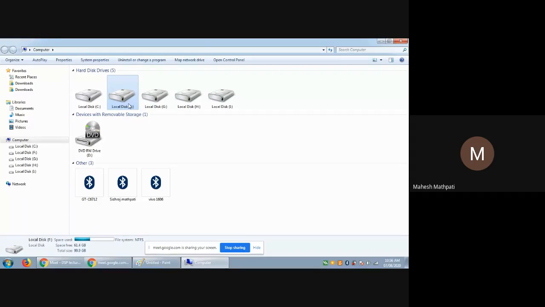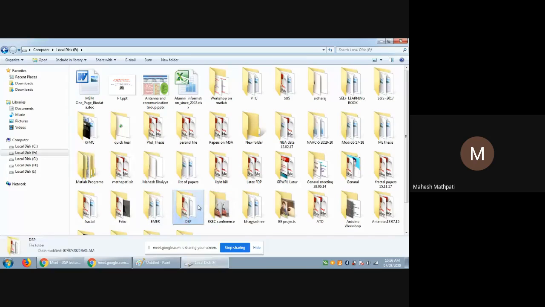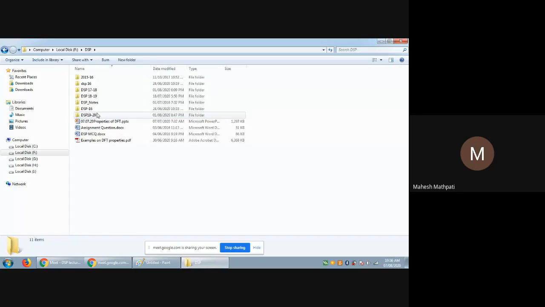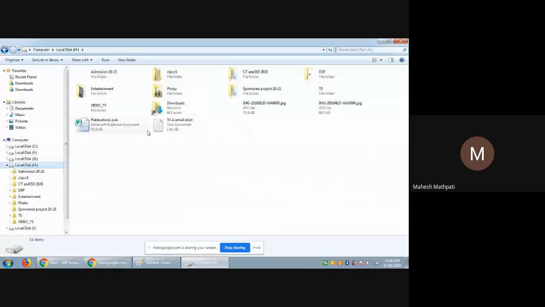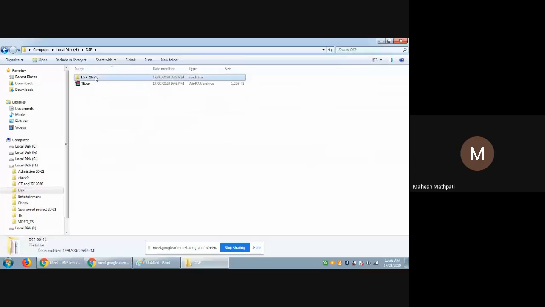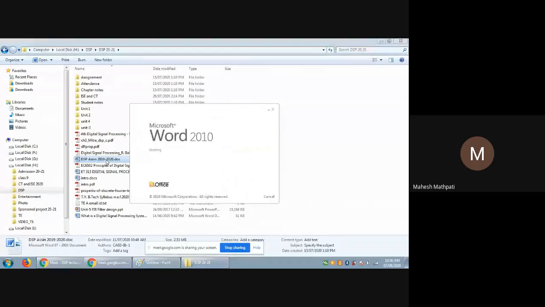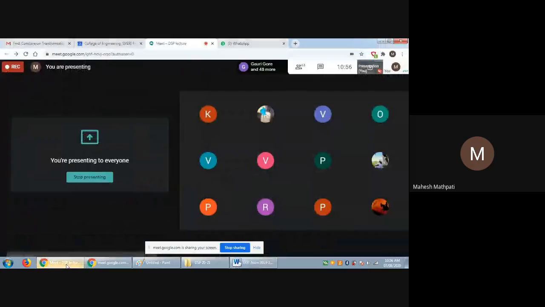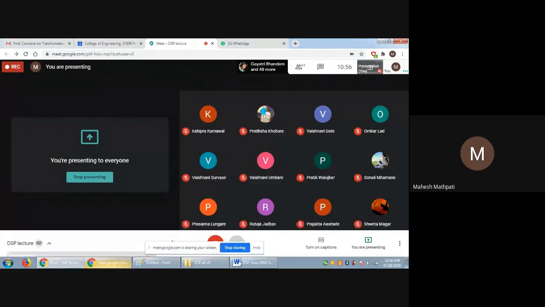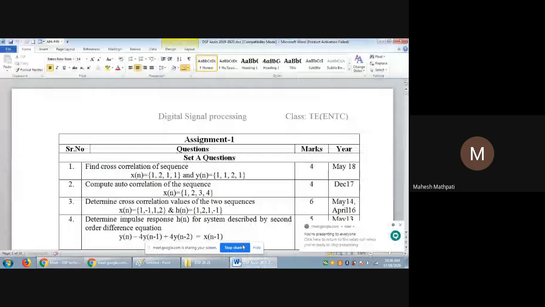We will take up some questions which are there in the assignment, and then we will close the session. Let me go to chapter 4.